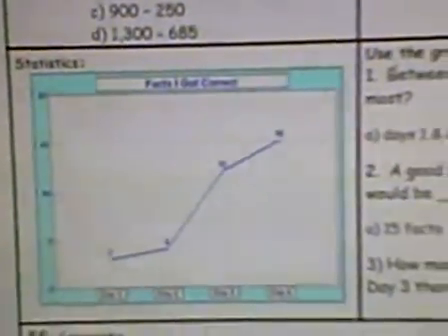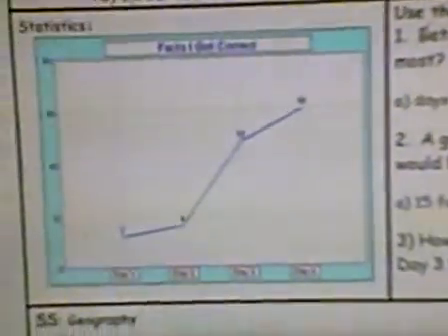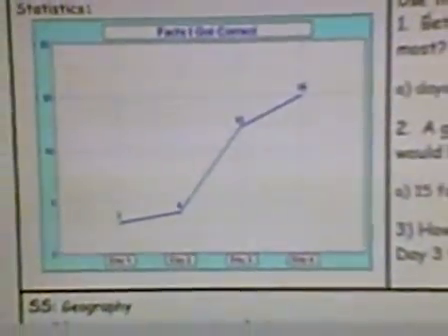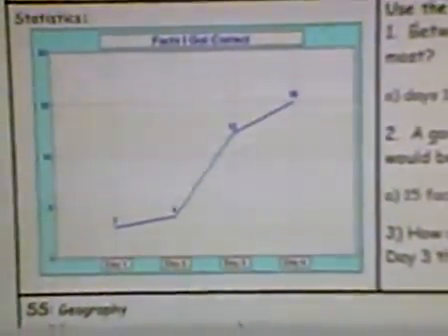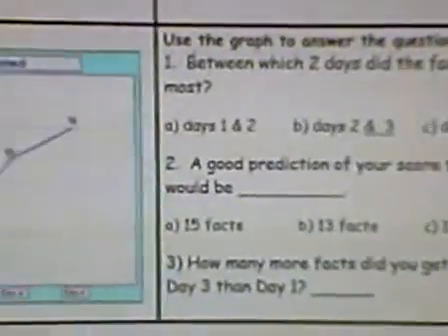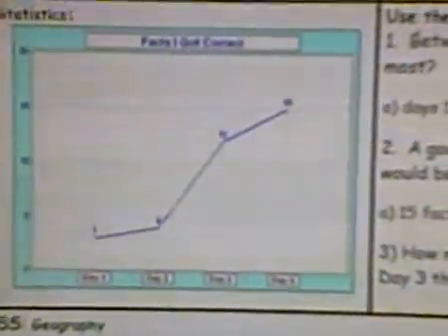The next question requires me to use a line graph. The line graph shows facts that you got correct over a 4-day period. Let's take a look at the questions. Use the graph to answer the questions. Between which 2 days did the facts increase the most? The word increase means going up.